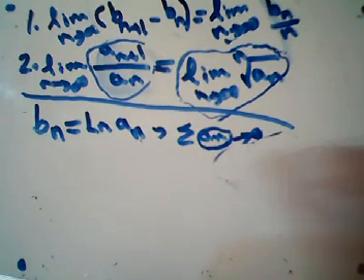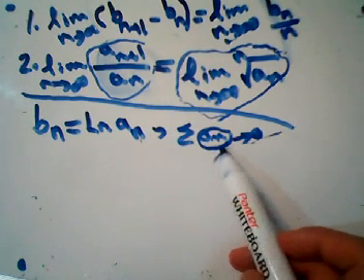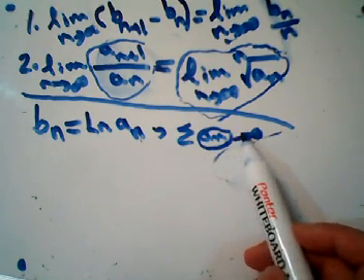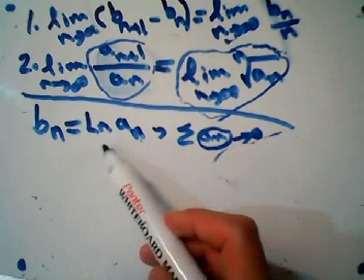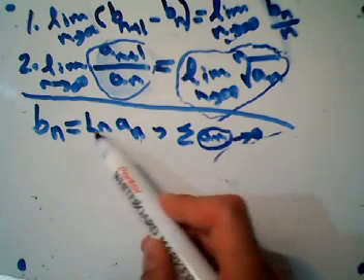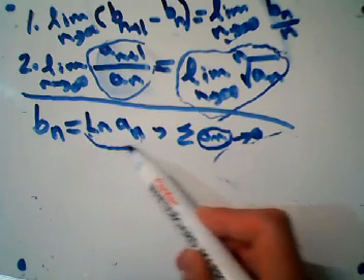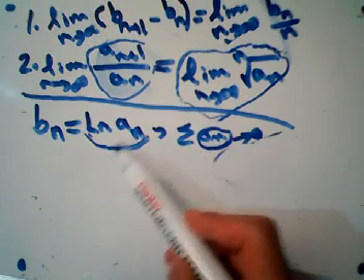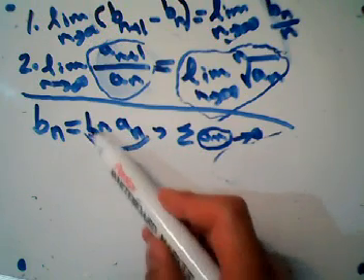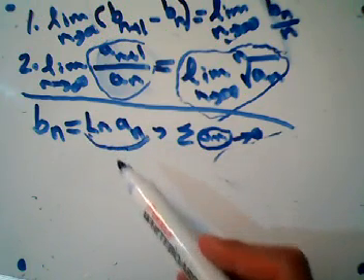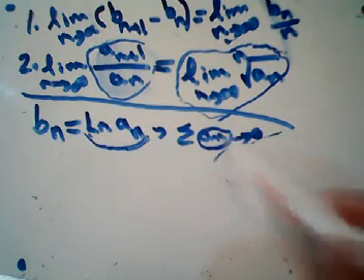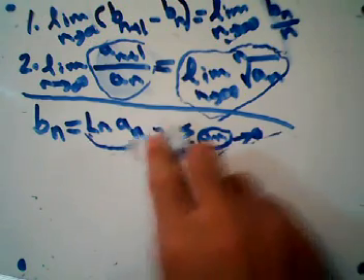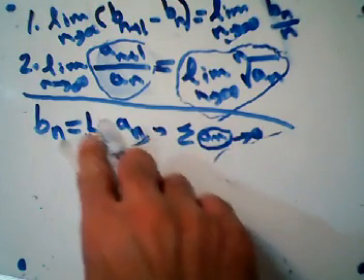So this should be approaching 0, and then the limit as n goes to infinity, a_n goes to 0, and the limit of this goes to minus infinity, or negative infinity.